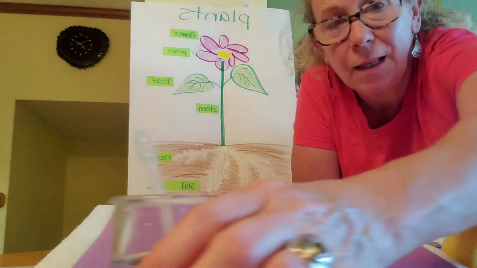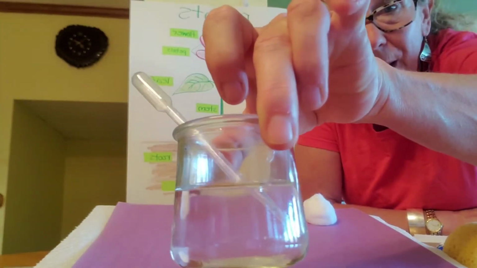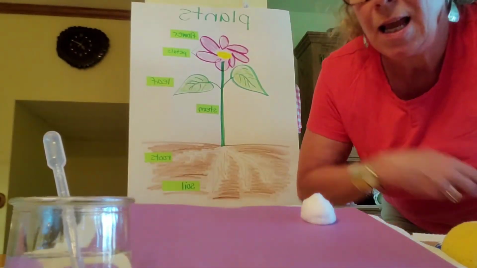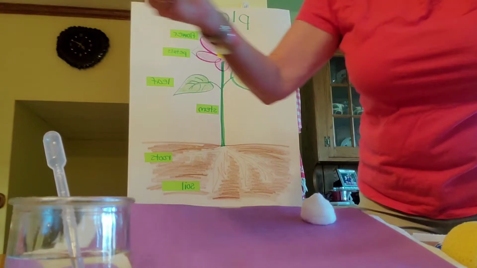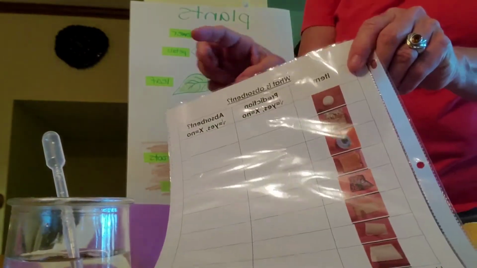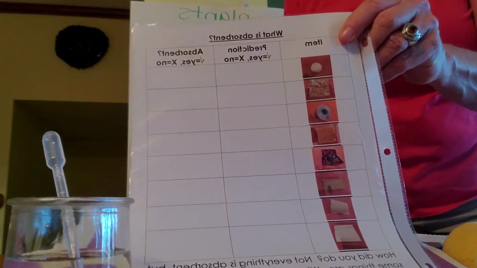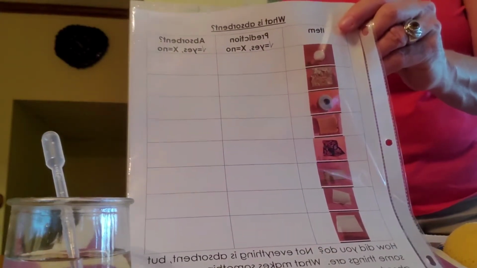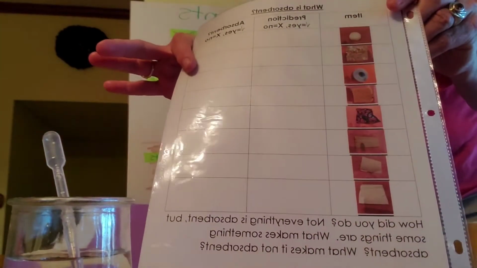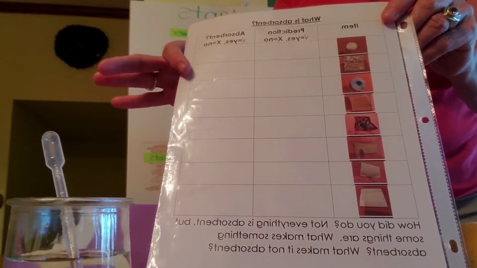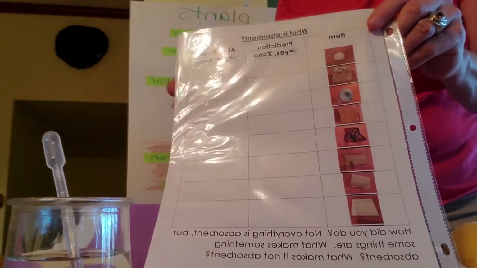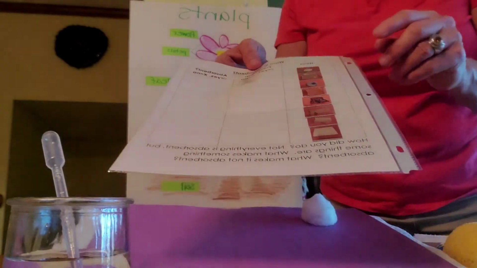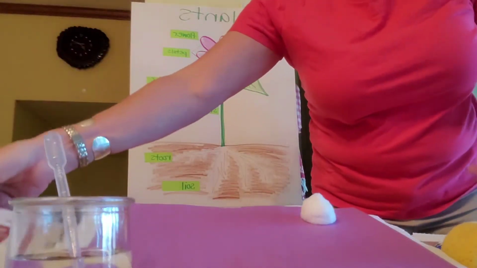I got a little cup of water and put a pipette in it because we'll need that. And I also have our recording sheet. Now your recording sheet should be online. You should be able to write on it. But if not, you can print this out, maybe at home, or follow along with it on your computer screen. So we'll talk about that in a minute.